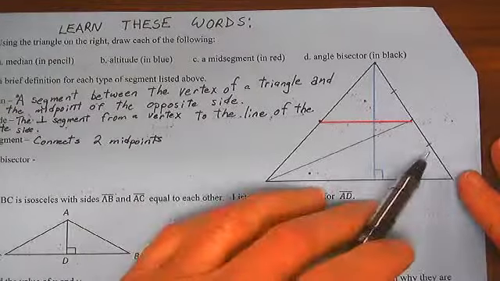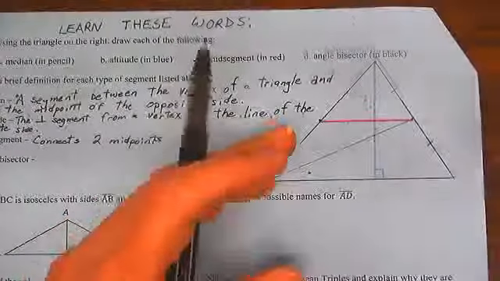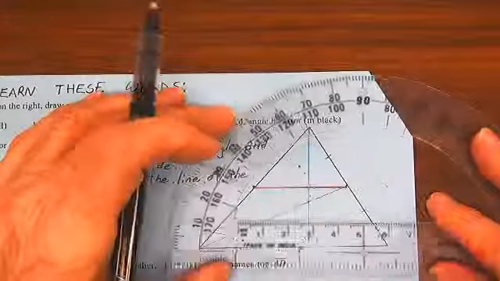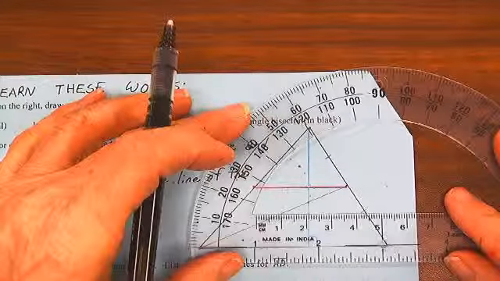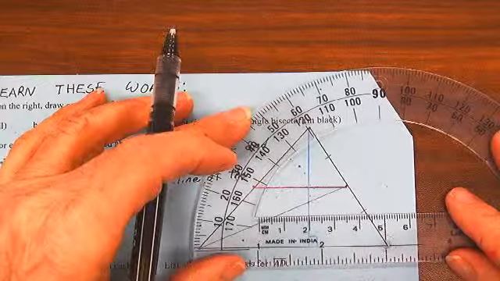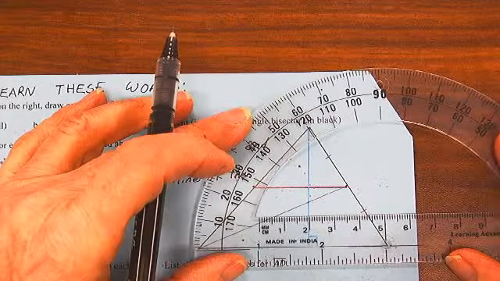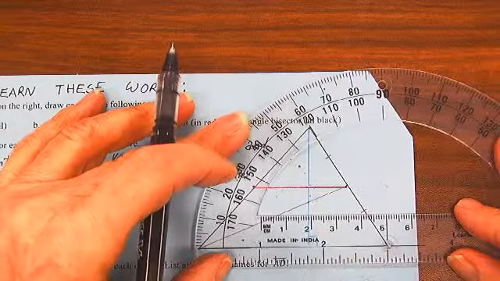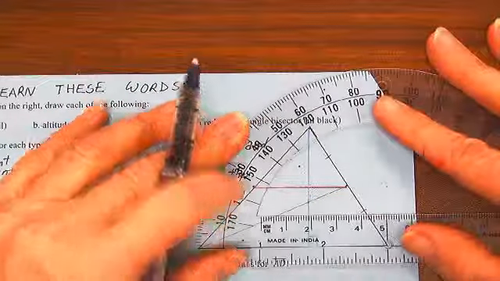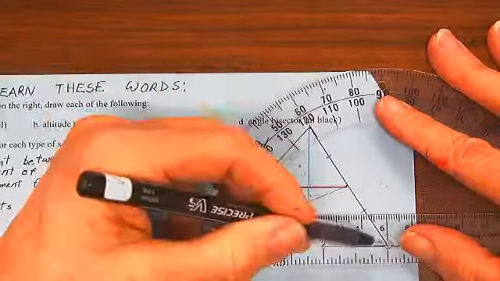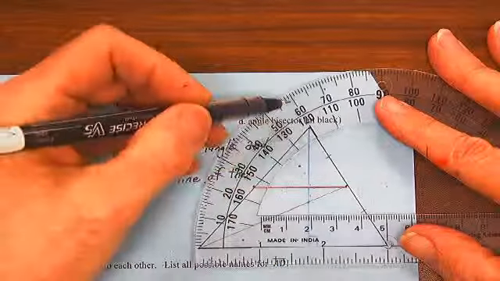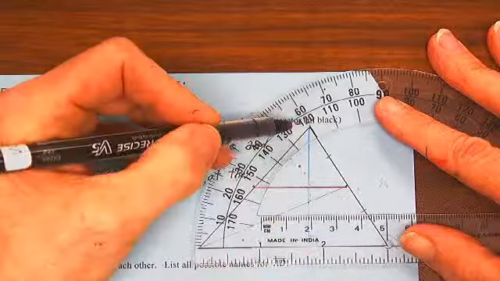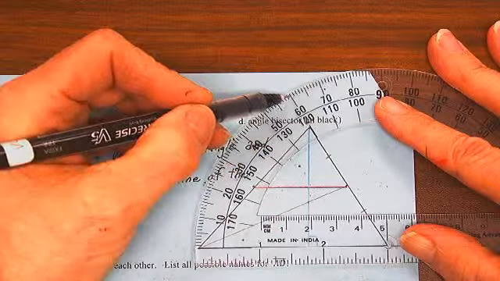Alrighty then. Since we don't have a good compass, we will measure this angle. This angle is 60 degrees. It is not 120, it is less than 90 degrees. We have to be very careful about that.